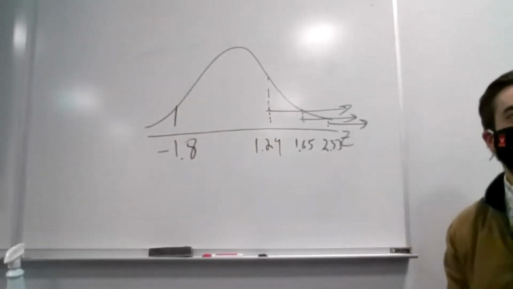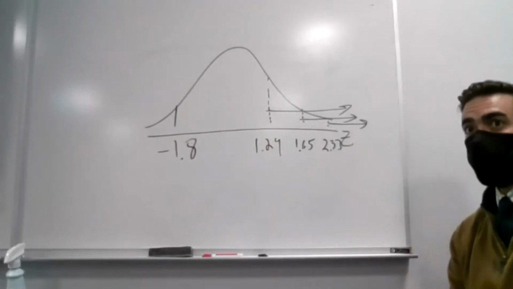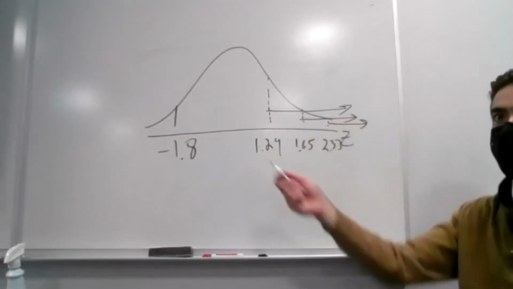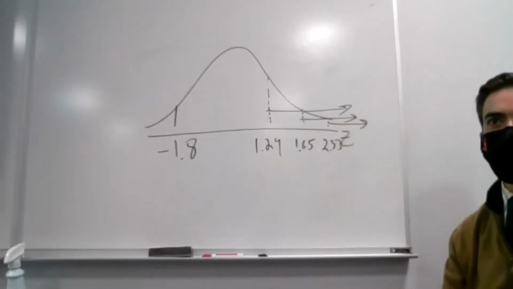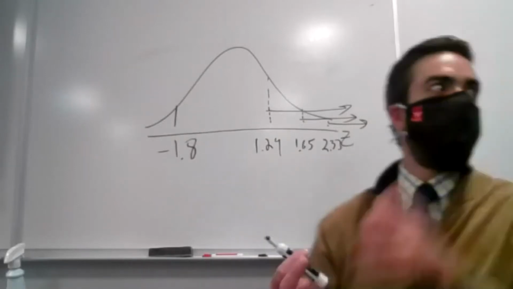So what levels can I reject at here? I guess it's kind of a trick question, but if these are my rejection regions, there's my test statistic. What levels can I reject at? None of them, right? Well, right away, I should have known this.